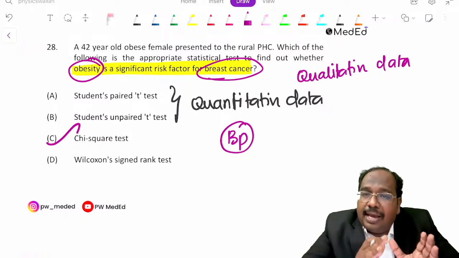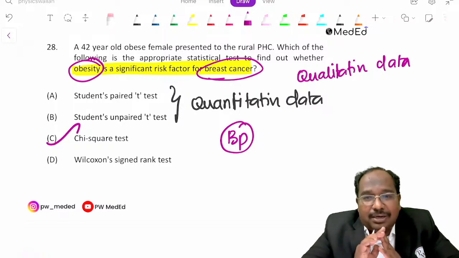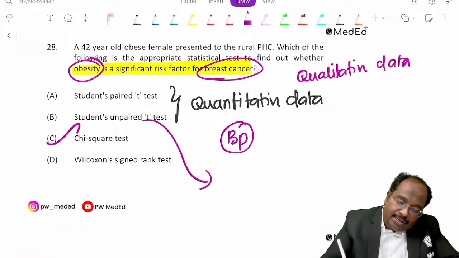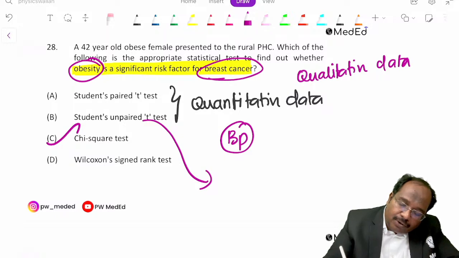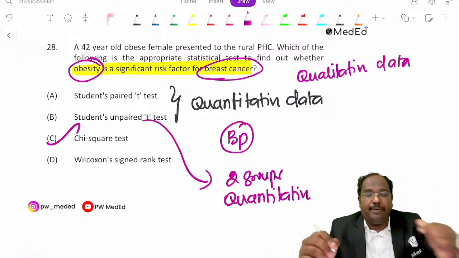After some time I compare the blood pressure between the two groups, so that is the student t-test or unpaired t-test. Two groups, quantitative data.